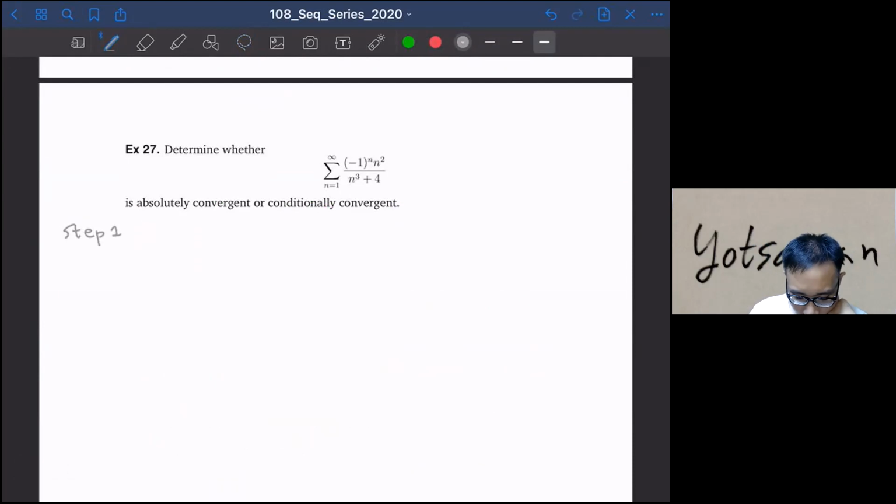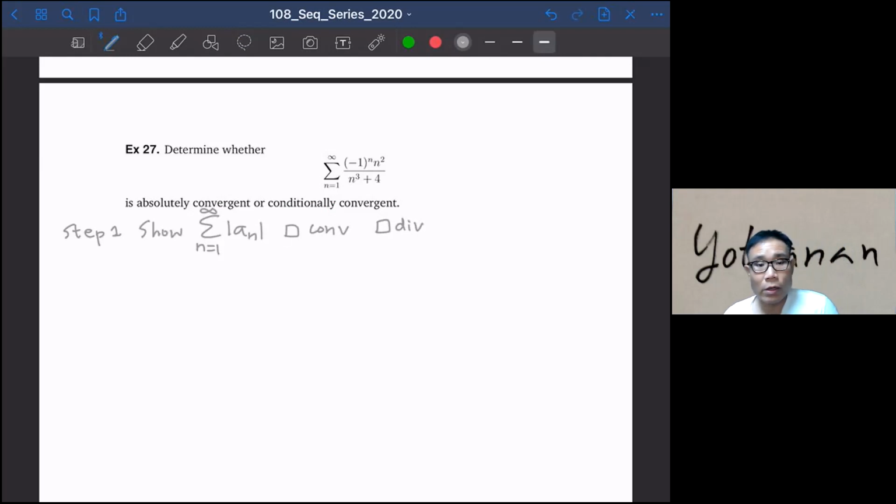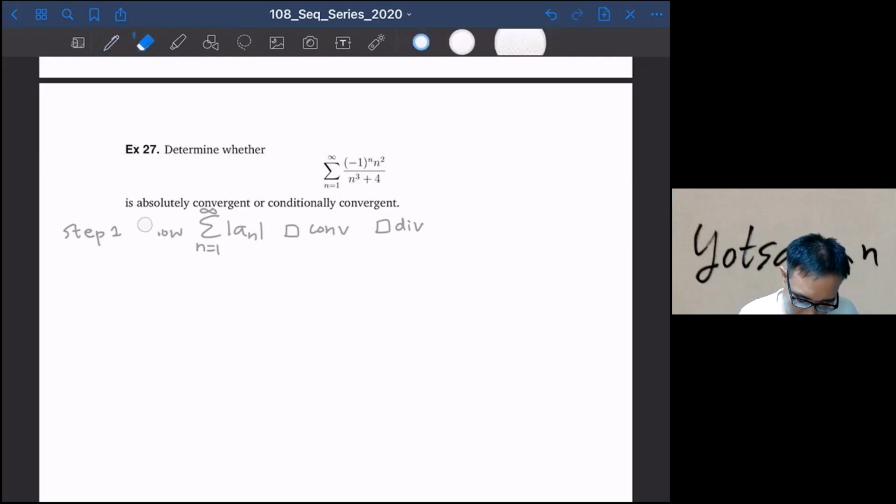Step one, you must check the series sum from n equals 1 to infinity of the absolute value of a_n, whether it is convergent or divergent.